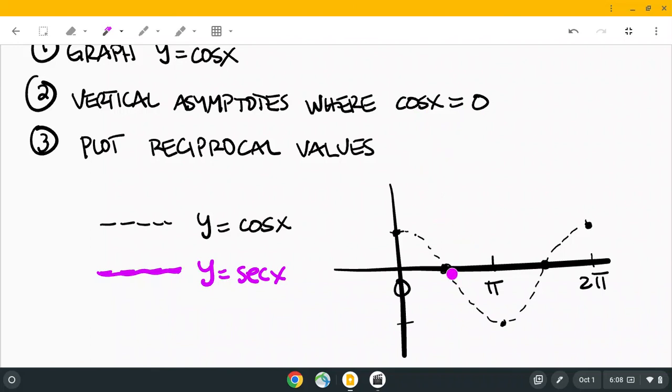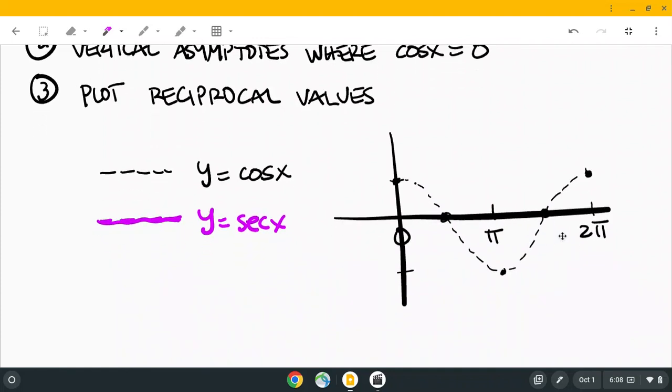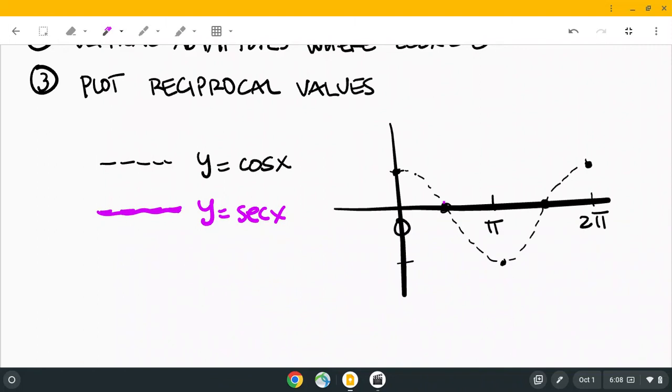So cosine is 0 right here and right here. So we are going to have vertical asymptotes right here. This is where it's undefined, so we will not have any points there. The graph will not cross these lines.